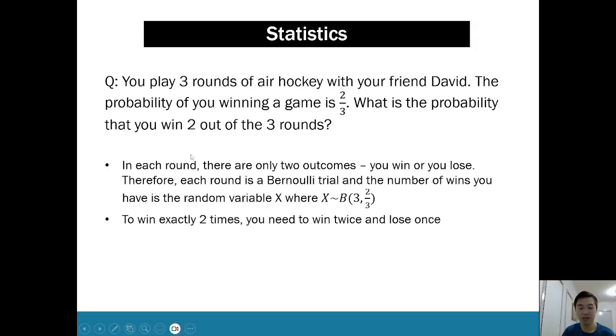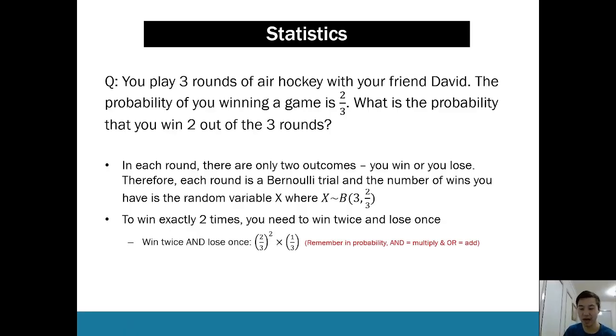So if you want to win exactly 2 out of the 30 games, you need to win twice and lose once. We have 2 rounds of winning, and each round of winning is 2/30, so 2/30 times 2/30, that's 2/30 squared. You also need to lose once, and the probability of that is 1/30.